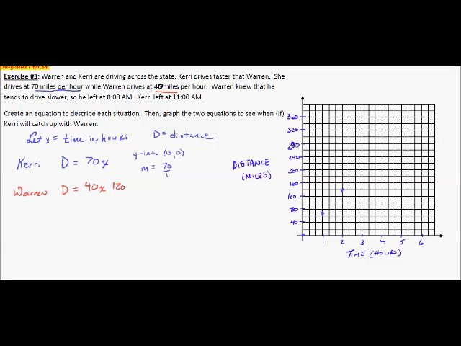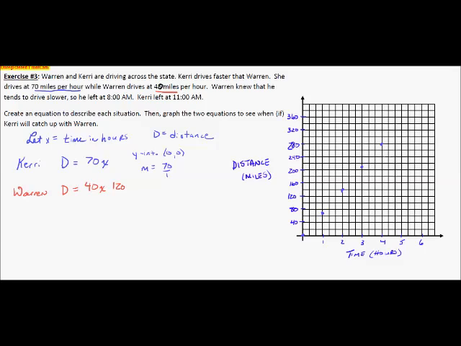That's going to be right there, okay? And up 70 again, that's going to be 210. All right, so that's going to be in between these two and over 1. And then up 70 again, that's going to put me at what, 280? Yep, and over 1. That's going to be right there. So you can see what my graph is going to look like for Carrie's driving time.